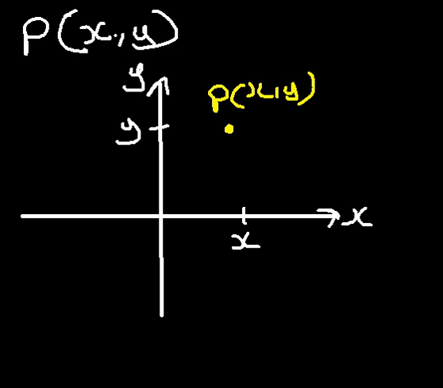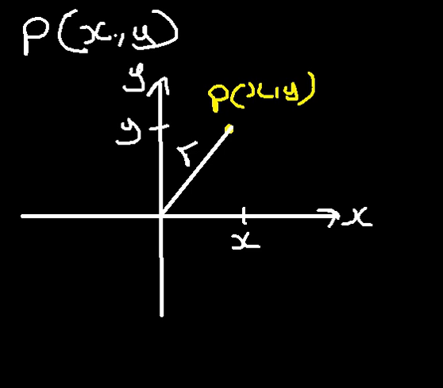Let's say the distance drawn from the origin to the point P is given as r.